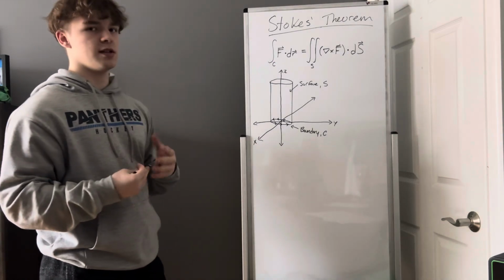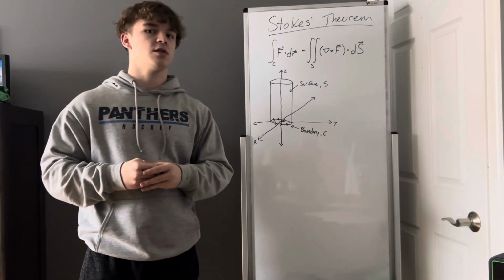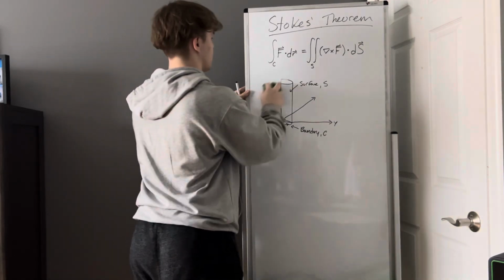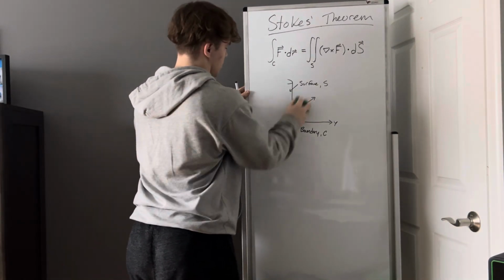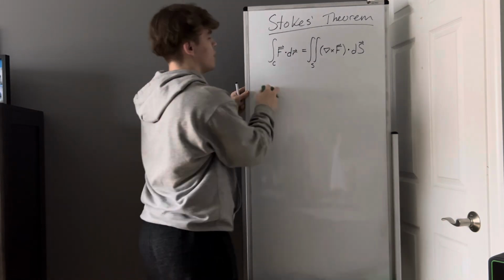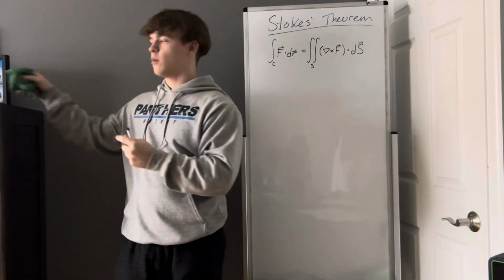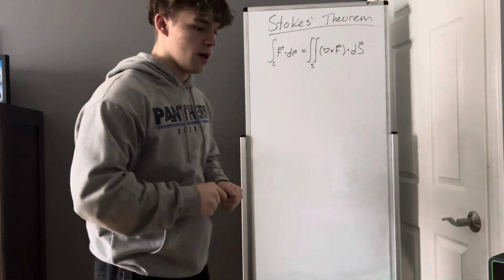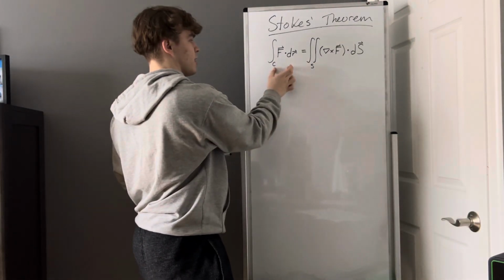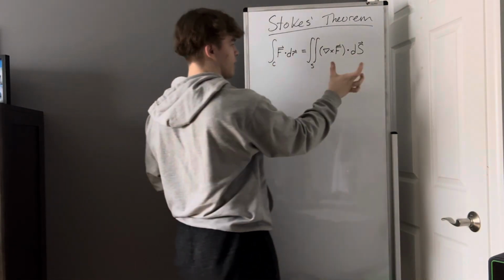So let's use this as an example to prove Stokes' theorem. First we're going to do it one way, and then we're going to do it the other way. We're going to go from this and evaluate it this way, and then we're going to go from this and evaluate it that way.